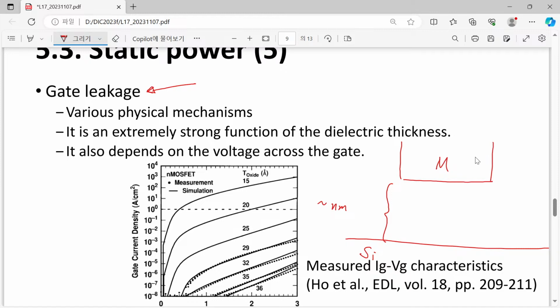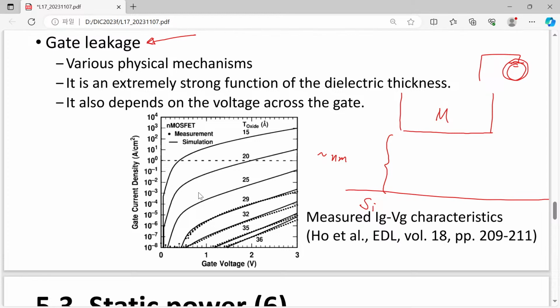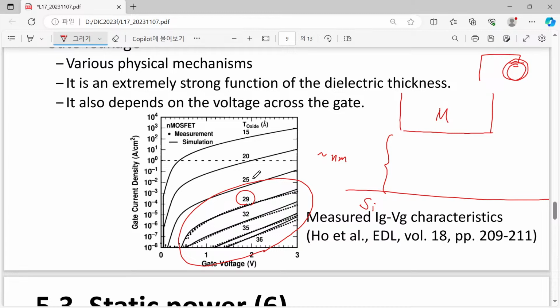And now let's say that we have applied quite a high voltage. For example, let me go to this case. Here, these are all measurement results. I mean that here we have 29, meaning 29 angstrom.